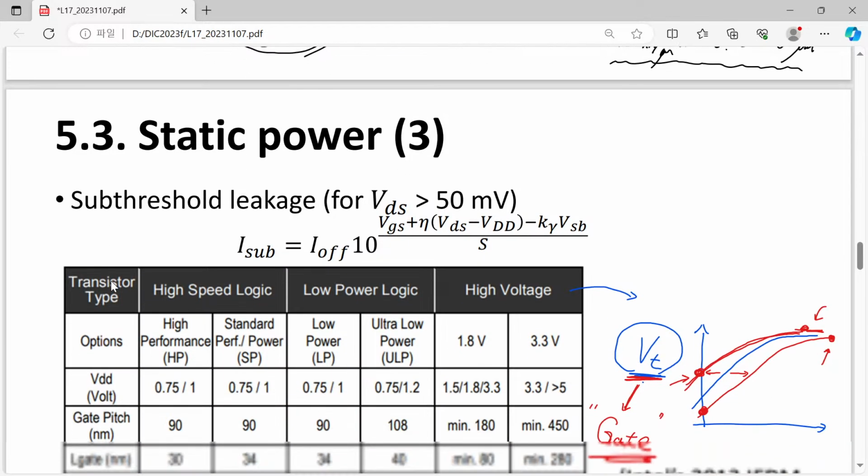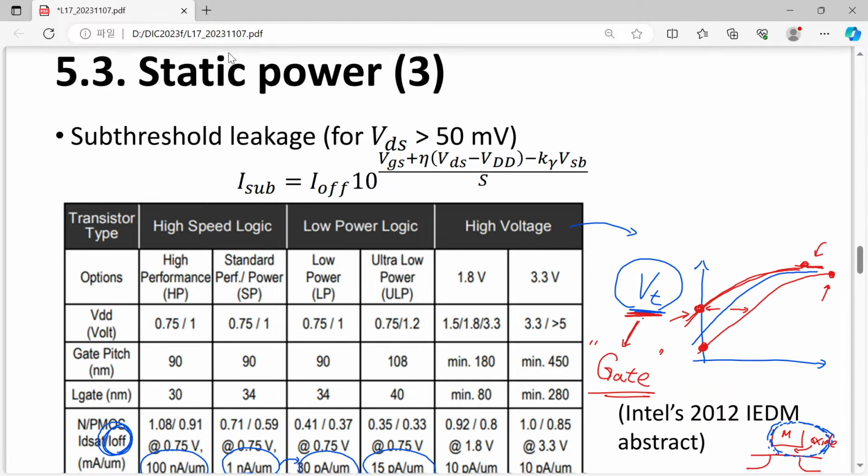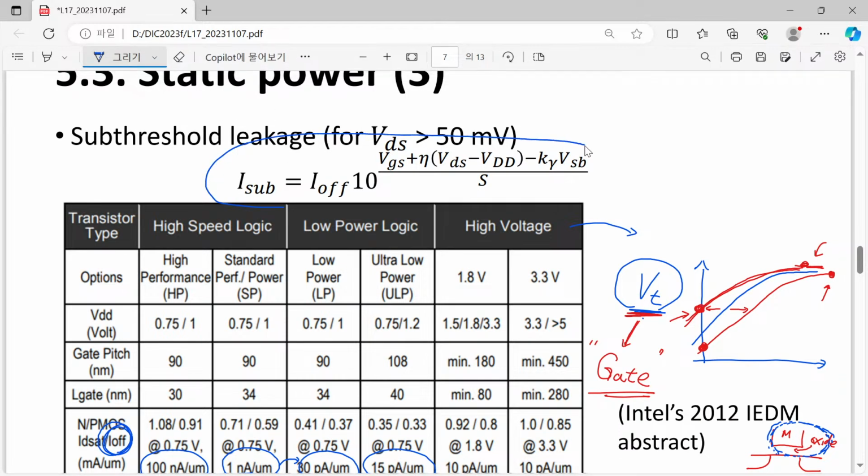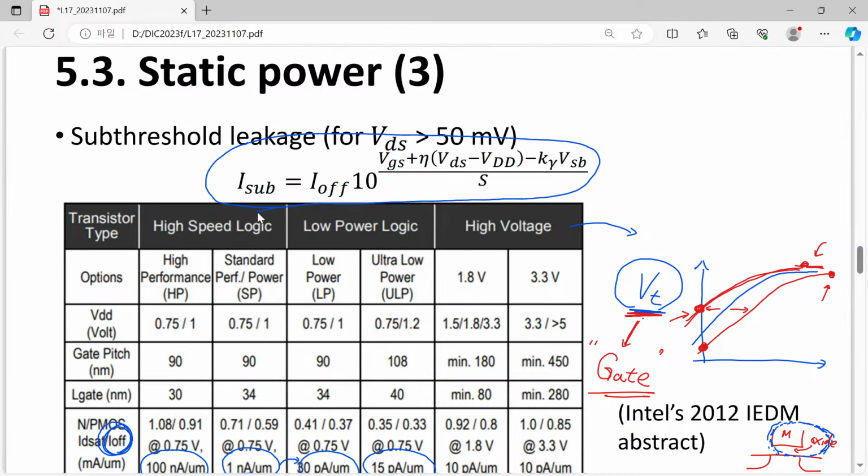Here we have a simple but useful relation for subthreshold current. Here we have gate dependence and drain dependence. Please only think about the gate dependence first.